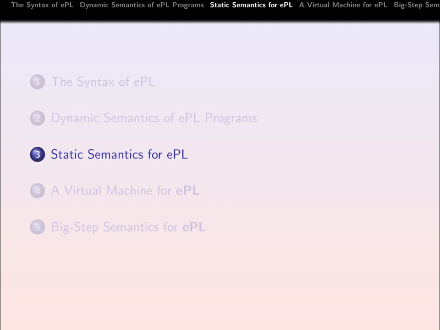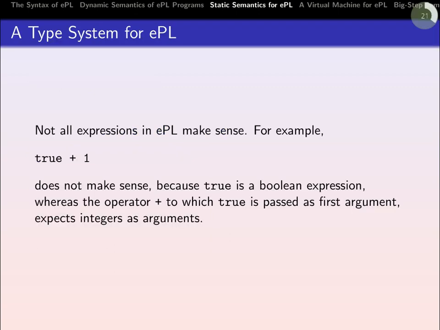Okay, next thing, static semantics. We're going to follow pretty much the same structure of reasoning, but our set of meanings is going to be different. Our set of meanings is going to be types. In our expressions, we have 2 types. We have booleans and integers, right? And I would like to derive the type of that expression.